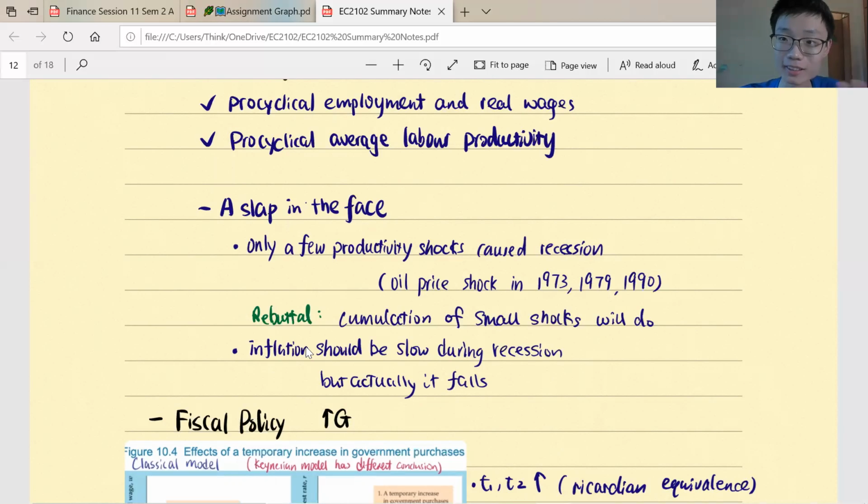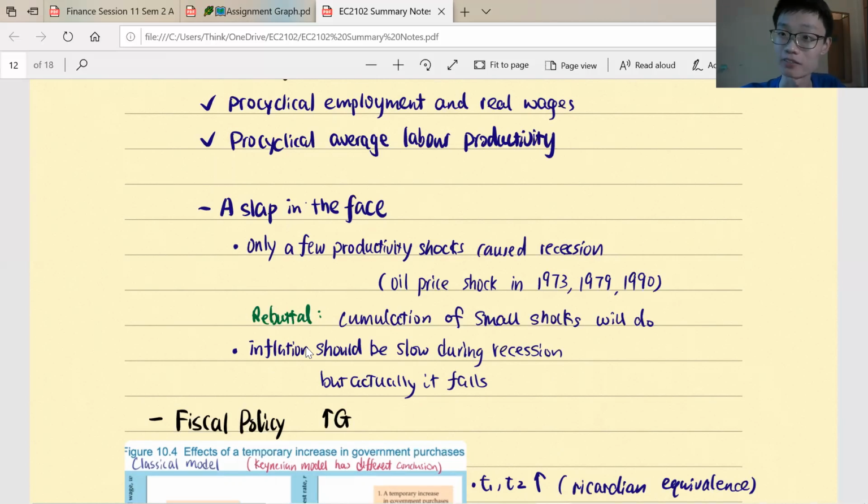And only these supply shocks cause recession, actually. But the economists have never seen any other time that adverse productivity shocks cause so severe a recession. There are just small things.